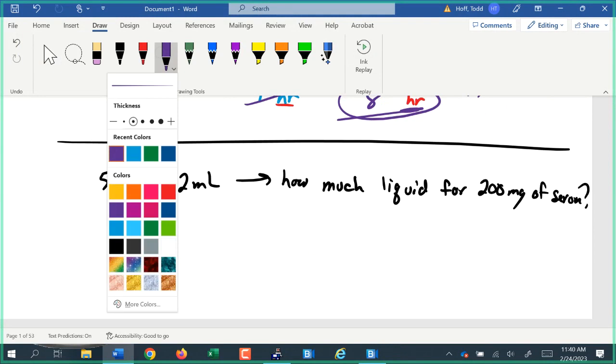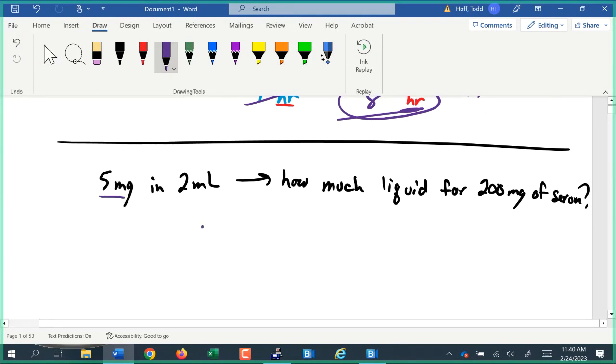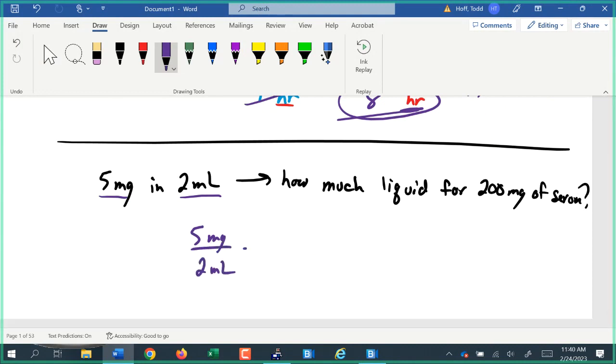Actually, I ended up with a rate again, but we'll go ahead and work with it. This is 5 milligrams in 2 milliliters. So that is our rate. Remember, it's a rate because they're different units.